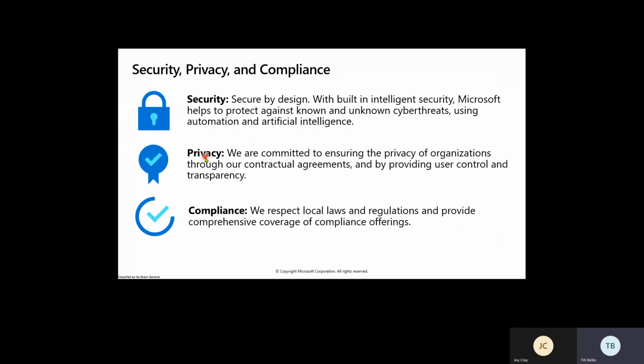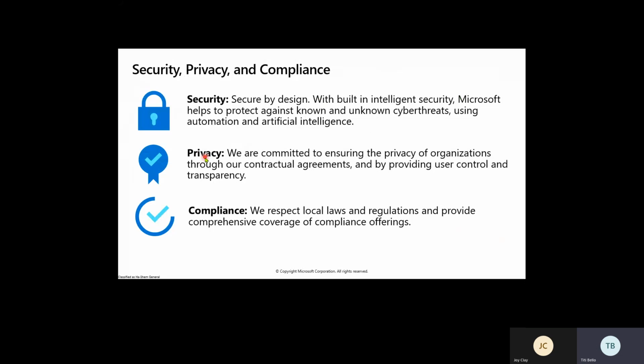Security, privacy, and compliance. There are two types of security, really. We have talked about it before: physical security and then digital security. Physical security has to do with how you keep your physical data center, the physical building, secure and safe and prevent unauthorized access into those particular areas.